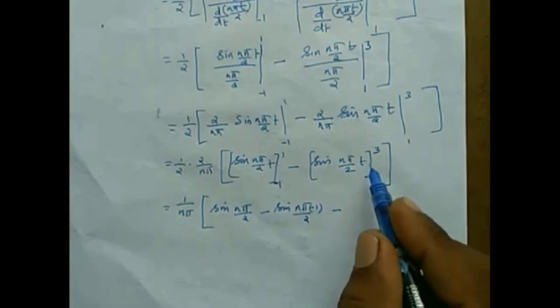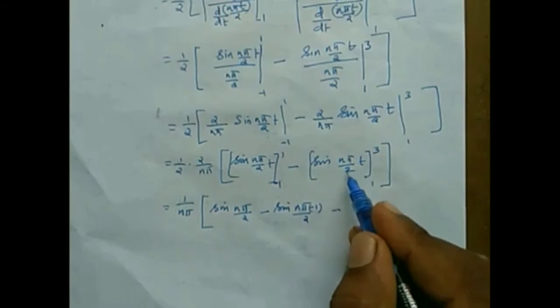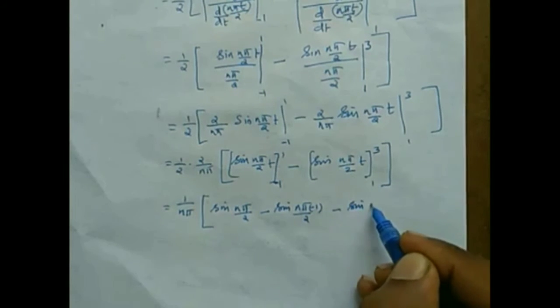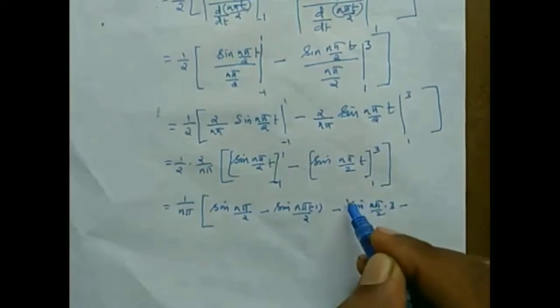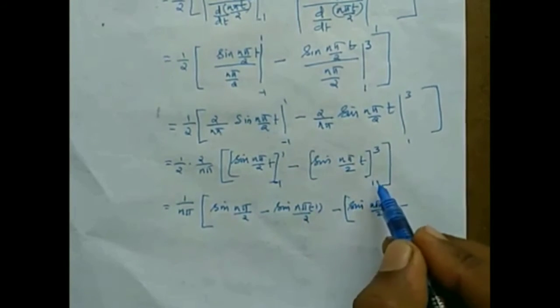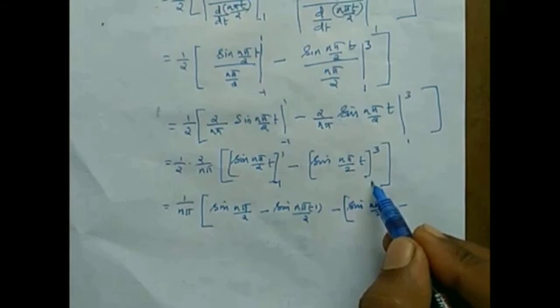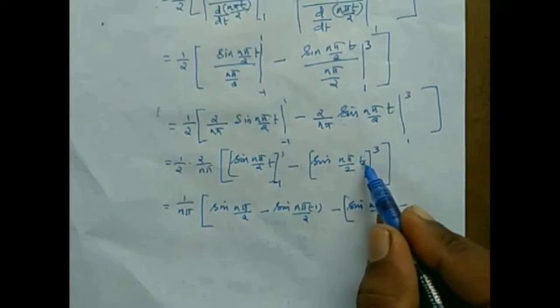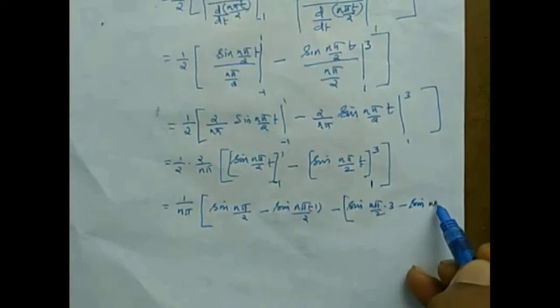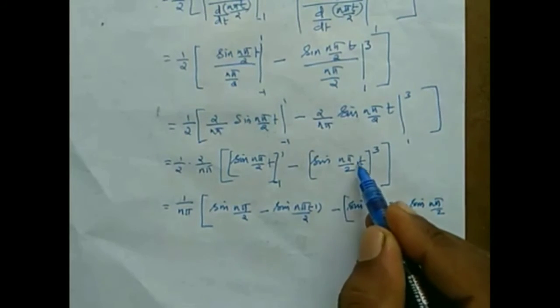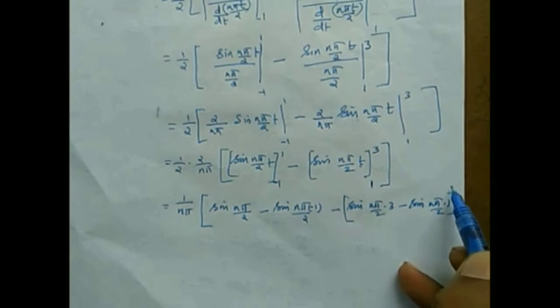Okay, minus, substituting the upper limit in this equation, we get sin n pi by 2 into 3, minus, substituting the lower limit 1 instead of t in the equation, we get sin n pi by 2 into 1.